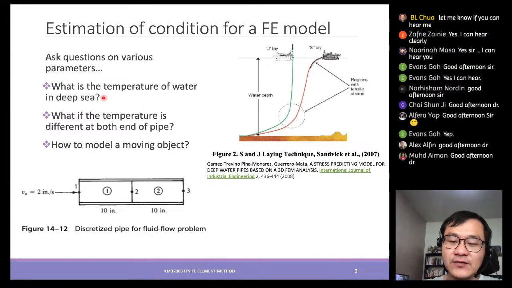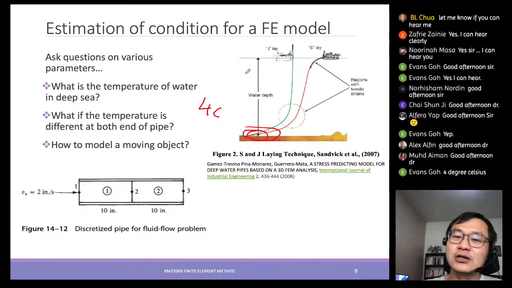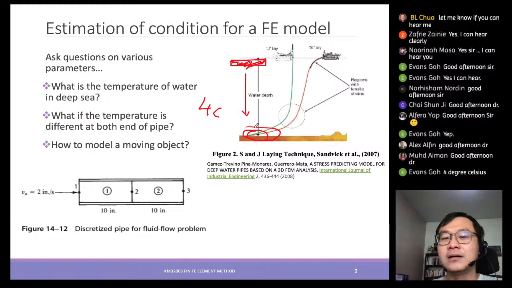Meaning to say, 4 degrees Celsius is the most dense, therefore the most dense water or fluid will sink at the bottom, right? So this is how it occurs, and that's why in real cases, in rivers and so on, the water only gets frozen at the surface, but not at the bottom.